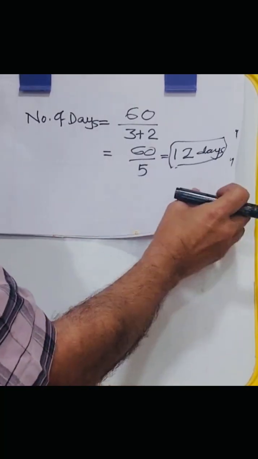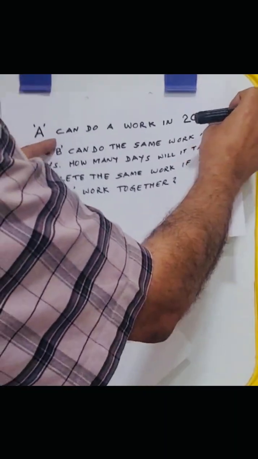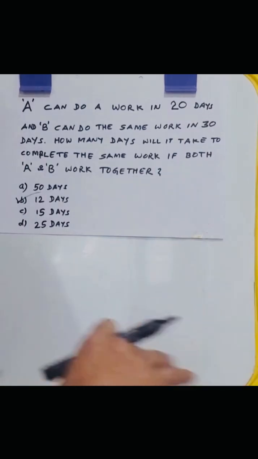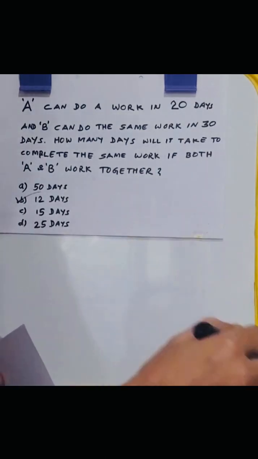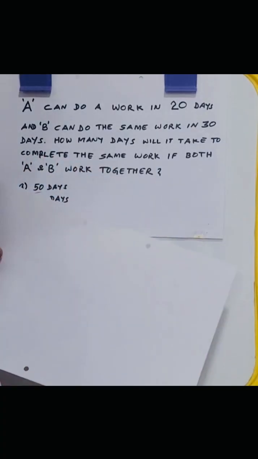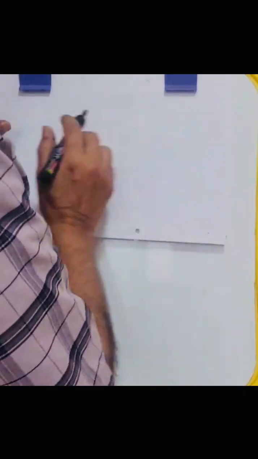From the first question itself, I'll display the question again. Instead of wasting time like this, I have explained how we arrived at this figure, and now I will give a simple formula to get that number of days.